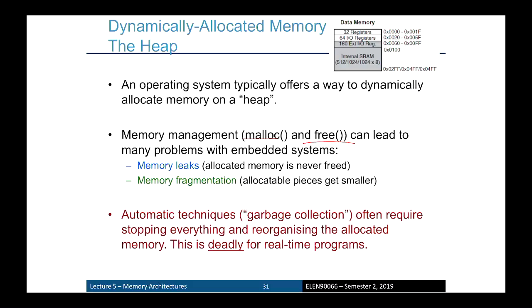Okay? So the operating system actually has to know what's populated in the system and where to put stuff. So what that means is you get problems if you really get down to the low level and start mallocing stuff all over the place but forget to free it, you run out of memory. Who cares? 16 gig of RAM, who cares about a few bytes here and there? But when you're talking about embedded systems that may only have a few kilobytes of RAM, you're dead, basically, right, if you don't get rid of that stuff.